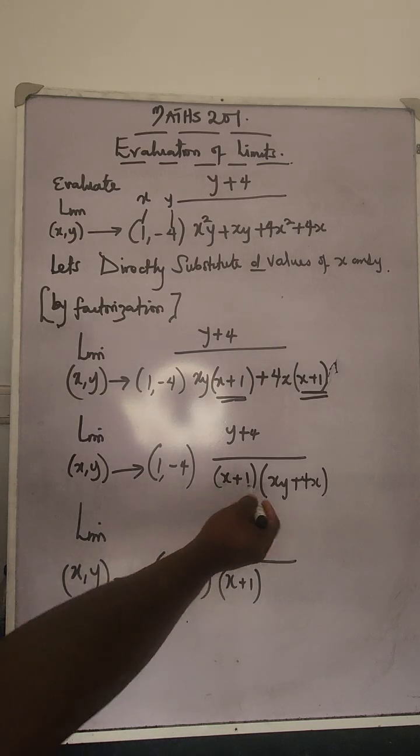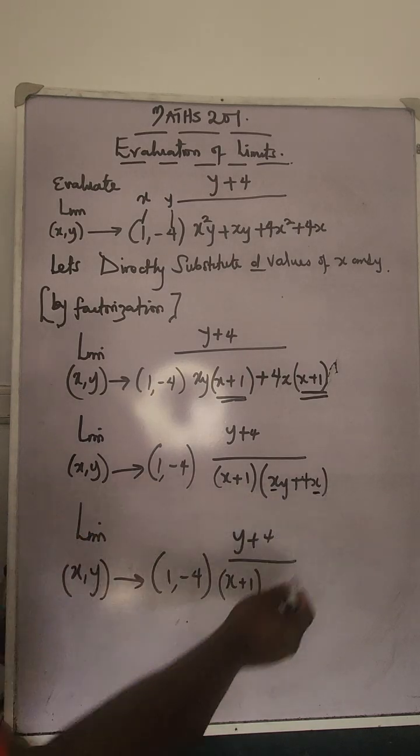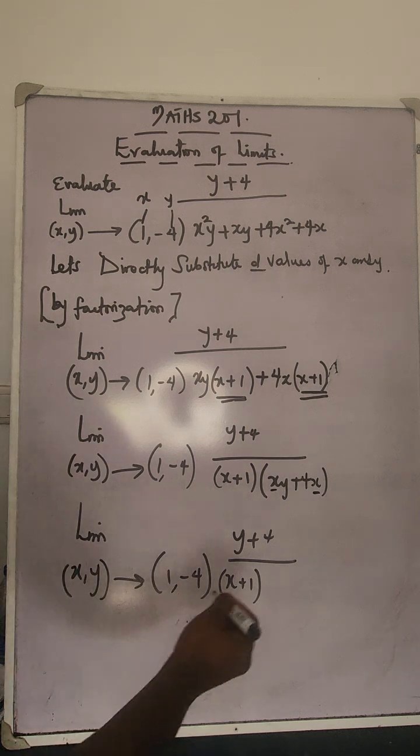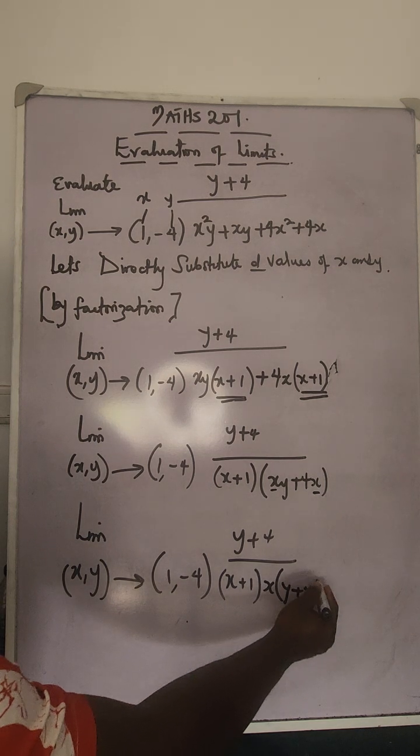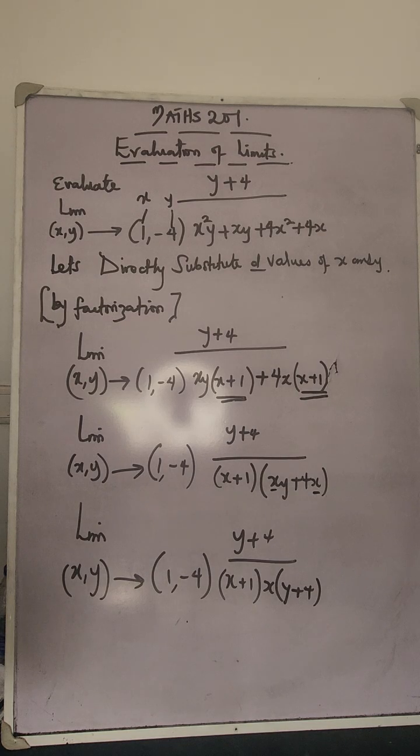Now, what is common to both sides here is x. Did you see that? x is common to both sides, so we have x into the bracket of (y + 4). x into the bracket of (y + 4).